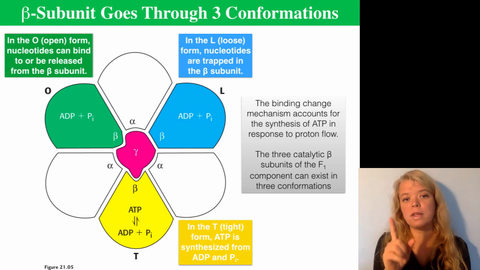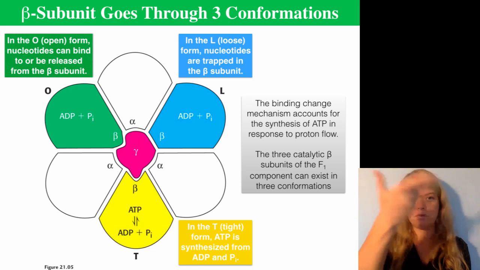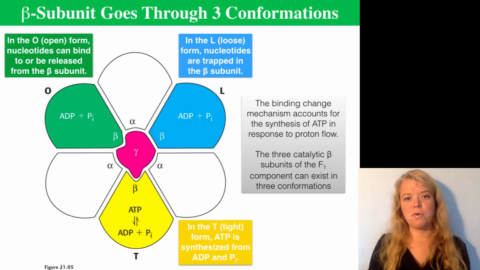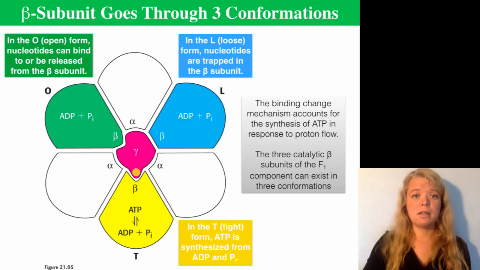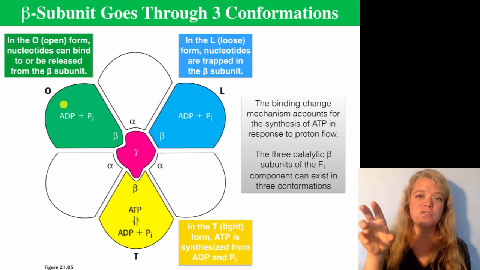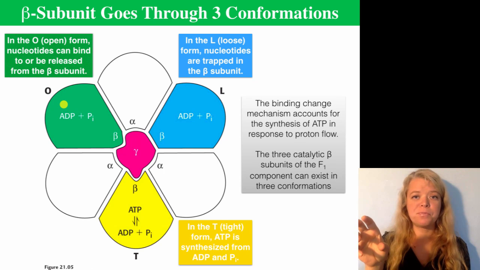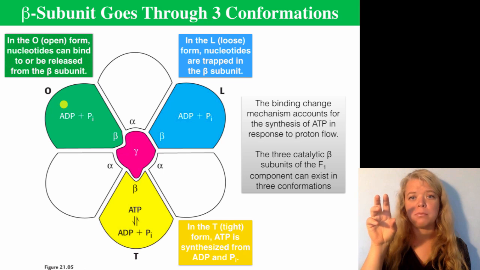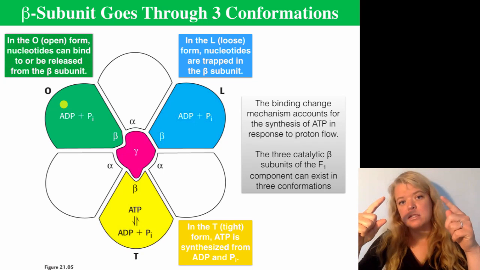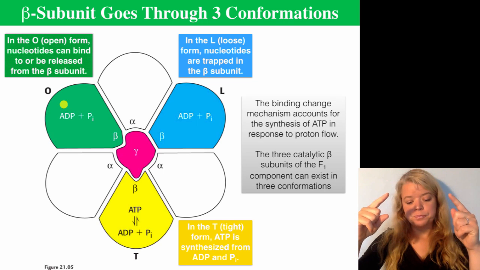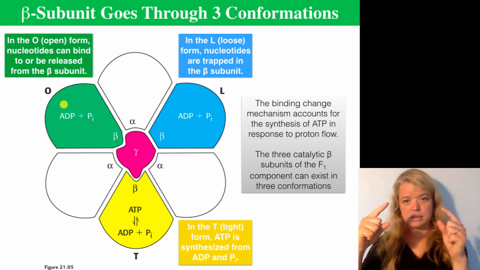So you guys saw the alpha and beta subunits of the F1 complex move around in the video, and the beta subunits actually go through 3 different conformation stages. A conformation called open form, when ADP and phosphate can enter the active site and be held in place by side chains of the amino acids of the active site.